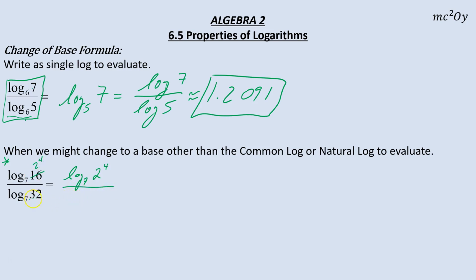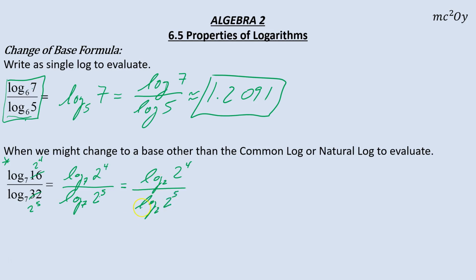And I could think of 32 as 2 to the 5th. Log base 7 of 2 to the 5th. Now, if I'm going 2 to the 4th and 2 to the 5th, it makes sense to change base 7 to base 2. So let's do that. Let's just write it as log base 2 of 2 to the 4th and log base 2 of 2 to the 5th.